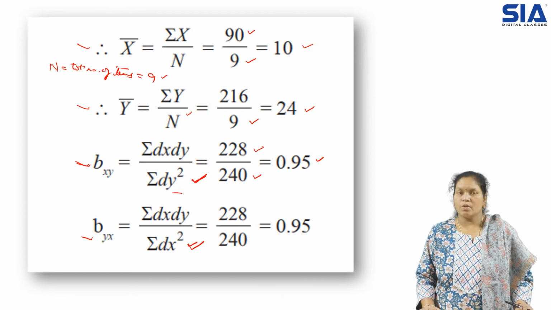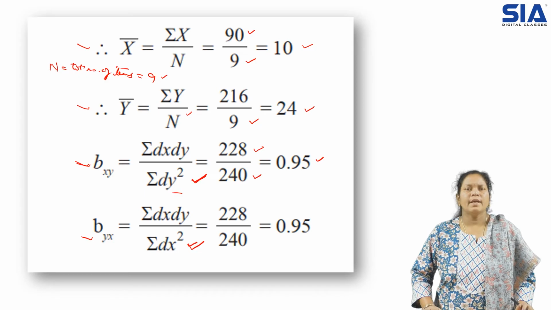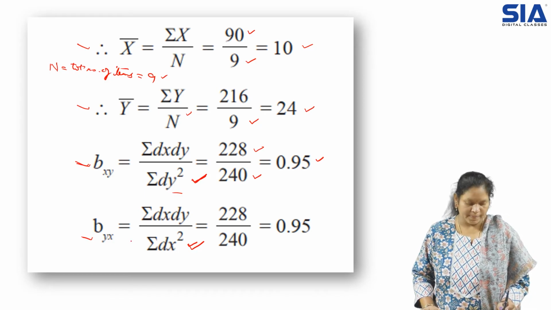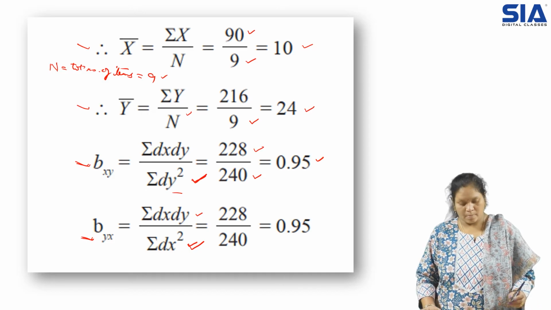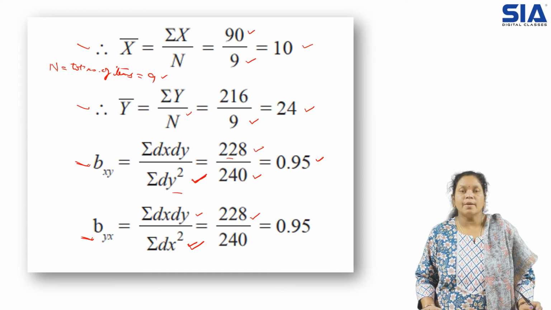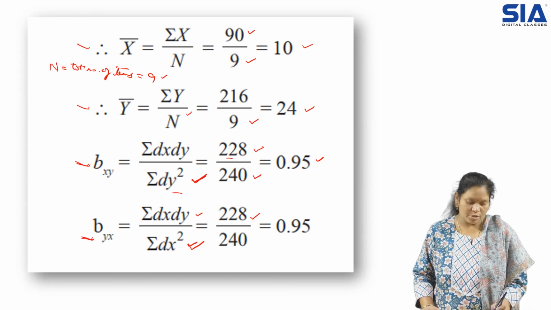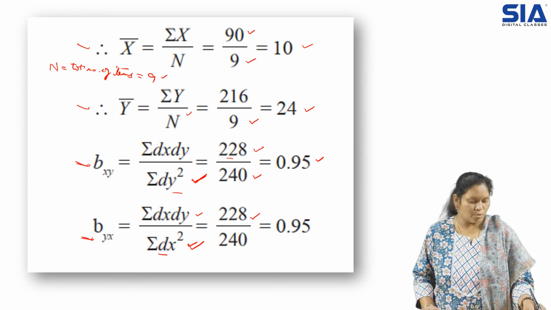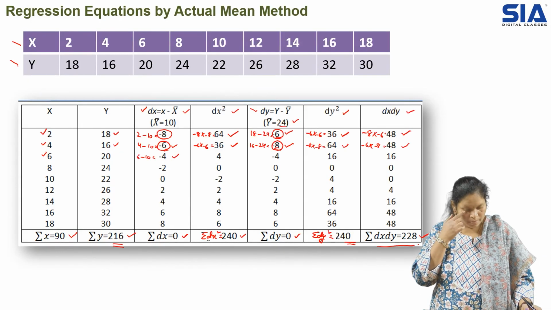Next, one more regression coefficient we need to obtain, right? That is your byx. Substitute the values. Here again I need summation dx dy. The numerator is the same for both the formulas. So simply carry on the same value, 228. Now divide by summation dx square. Let us check it out from the table.